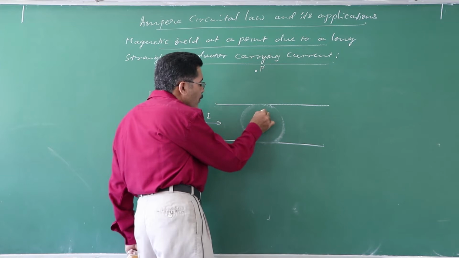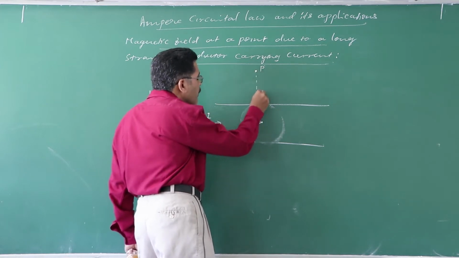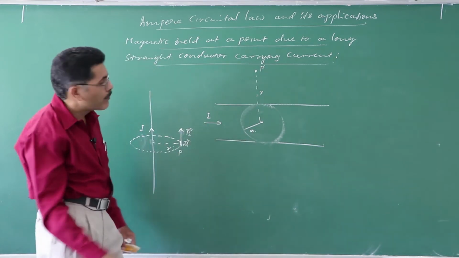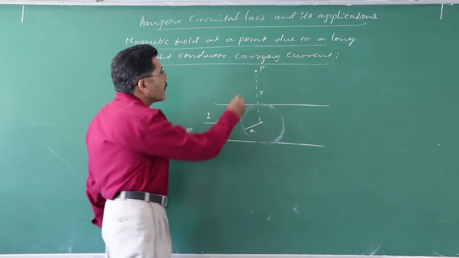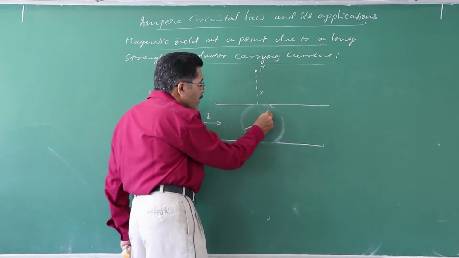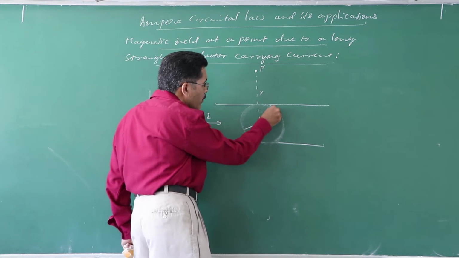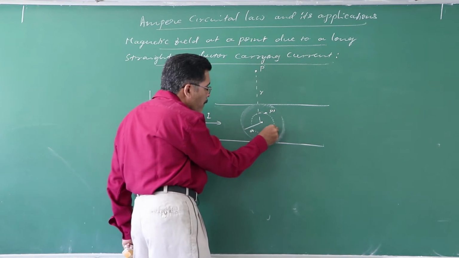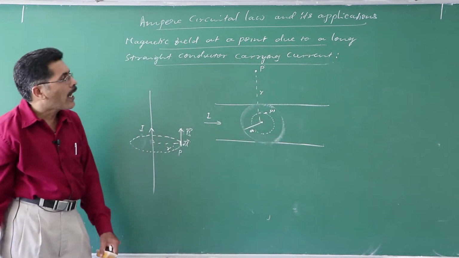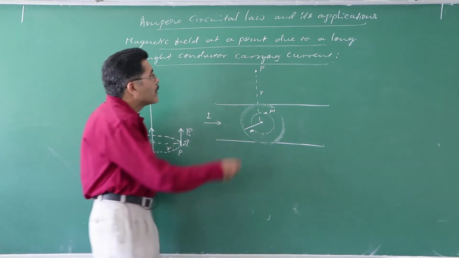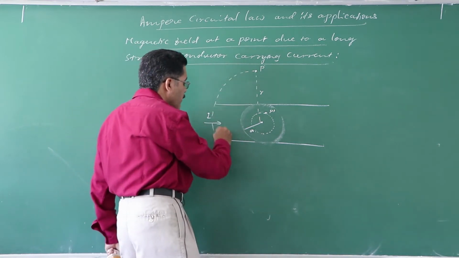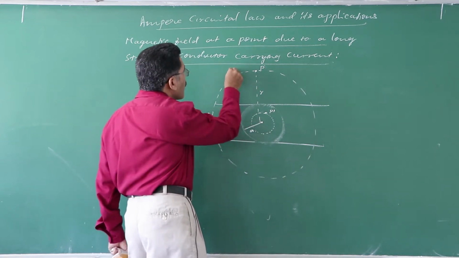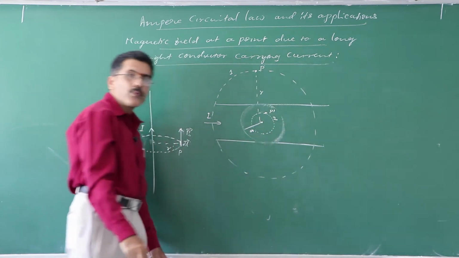This is R. In the first case R is greater than A, therefore the point is outside. Let me consider a point somewhere here, point P dash. This is inside. To determine that, I must again consider an Amperian loop. This is Amperian loop 1. This is Amperian loop 2.